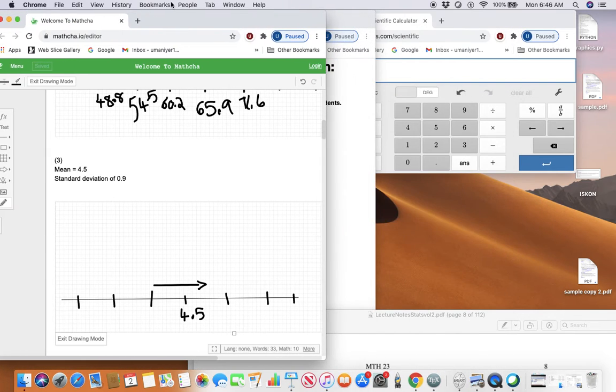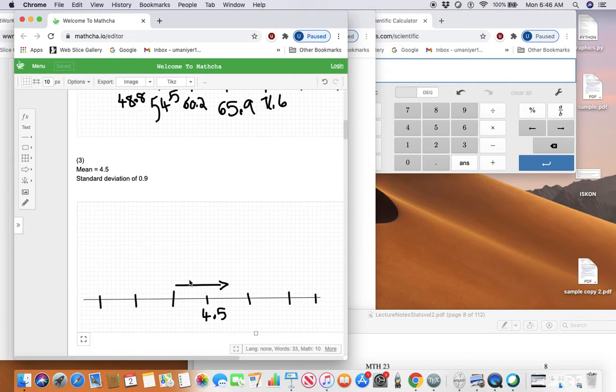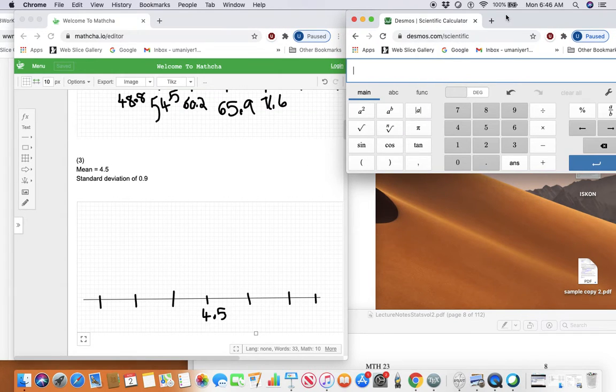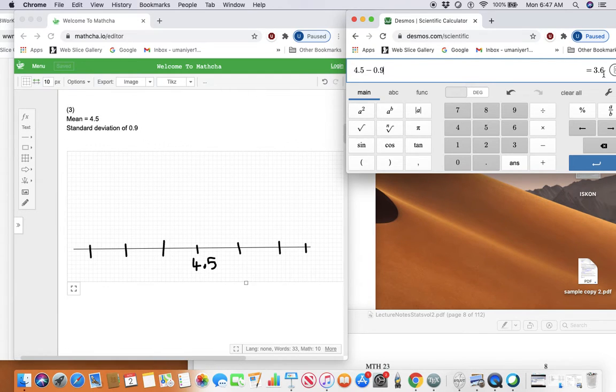I don't know why I have this arrow over here, so let me erase the arrow so nothing is confusing. 0.9 is your standard deviation. If I say 4.5 minus 0.9, that gets me 3.6. So 4.5 minus 1 standard deviation gets me 3.6.